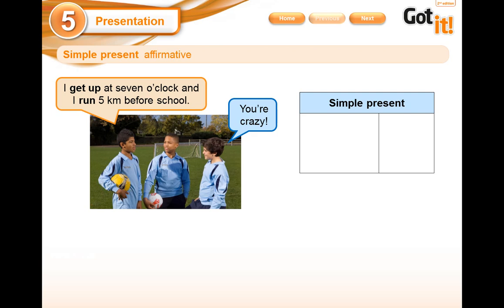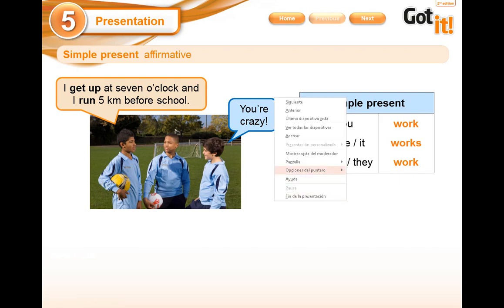Okay. Simple present. As you see, we're paying attention to the personal pronouns. As you can see over there, you see I, you, he, she, it works. We, you, they work. What is the final conclusion about it?